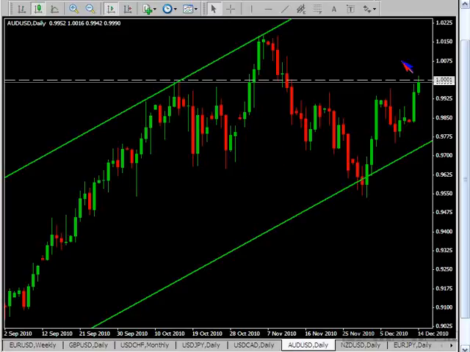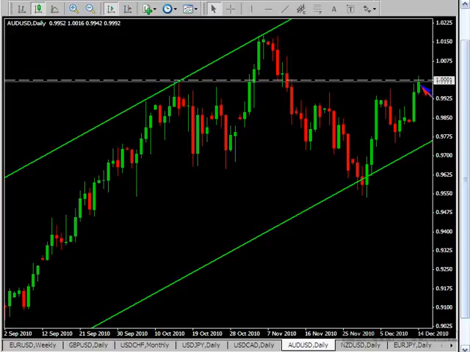However, once in our own minds we are certain that we have broken above this resistance, it takes away the possibility of a head and shoulders, negates this trend line, and gives us a very good chance to revisit these all-time highs of 1.0181 on November 5th and maybe go much higher.